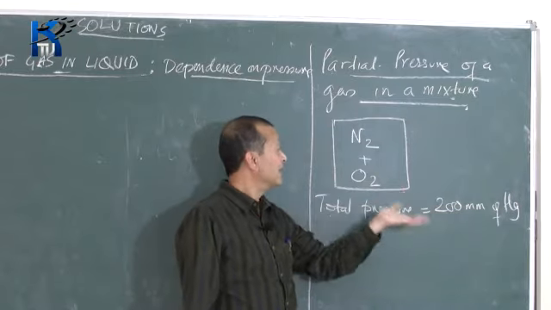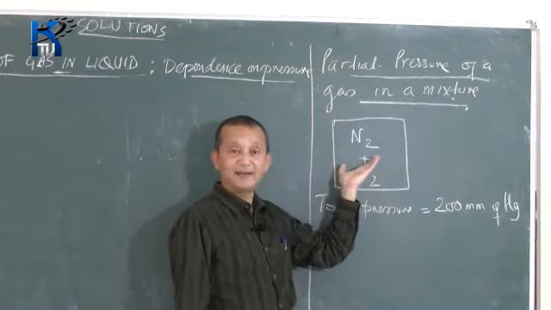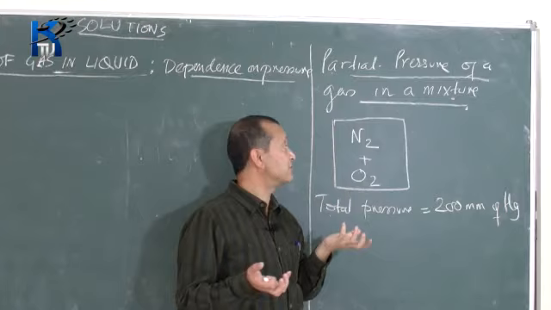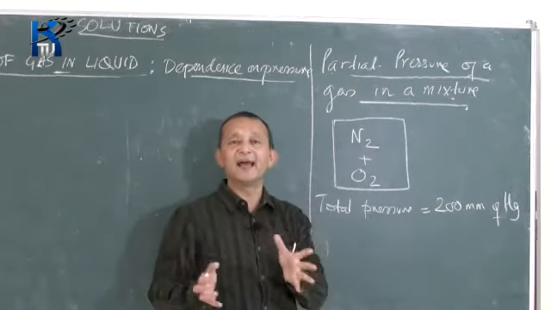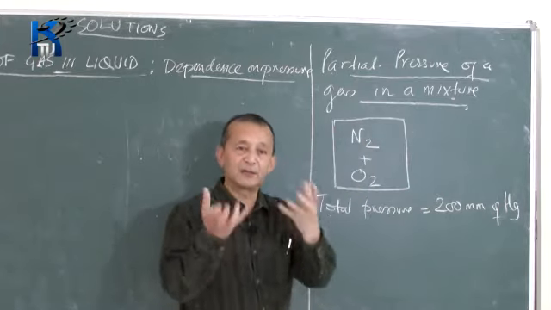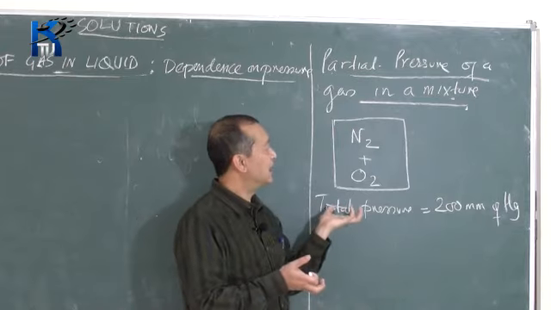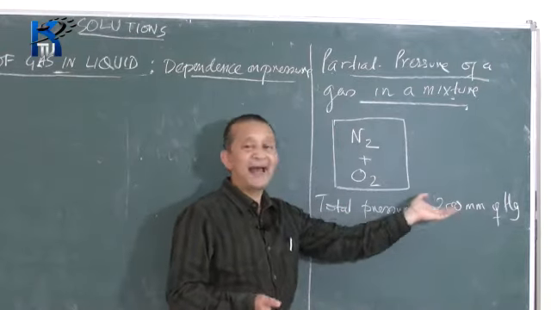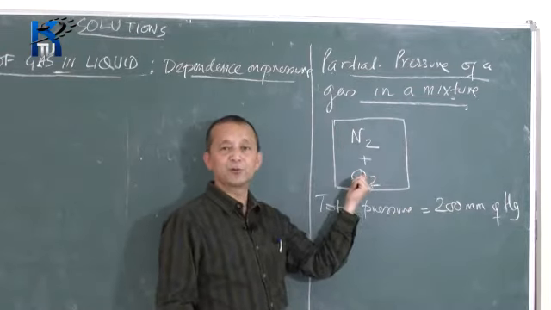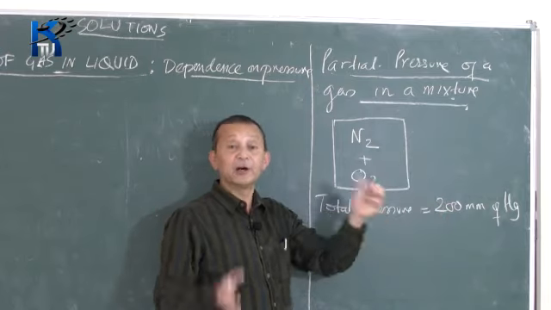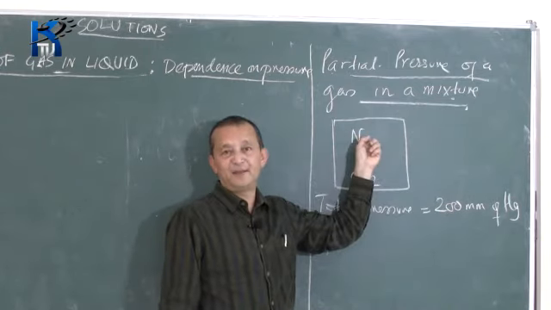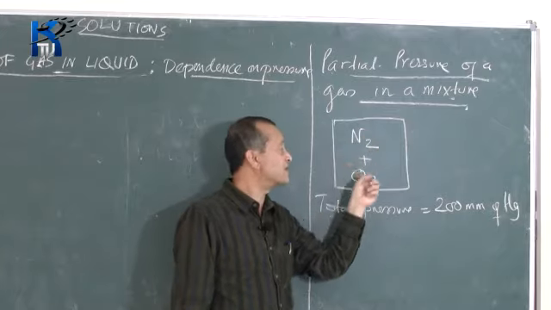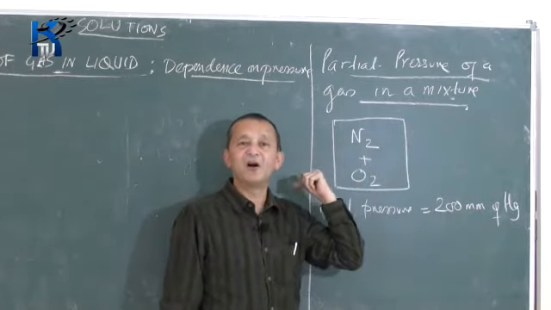Now the pressure of the gas inside will be due to what? Nitrogen will be contributing to this total pressure, and oxygen will also be contributing to the total pressure. The contribution of nitrogen is known as the partial pressure of nitrogen, and the contribution of oxygen will be known as the partial pressure of oxygen.